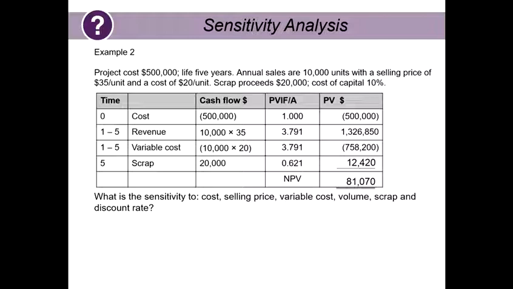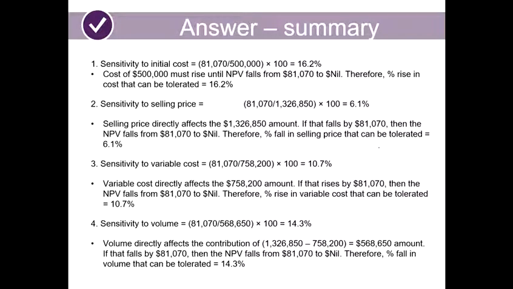Tapi soalan minta untuk volume dan juga discount rate. So volume ni maksudnya you kena ambil sales tolakkan dengan variable cost ni lah. Okay, revenue ni you kena tolak dengan, so you akan dapat 568,650.